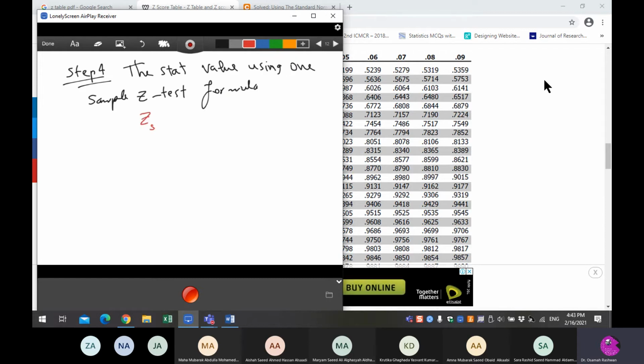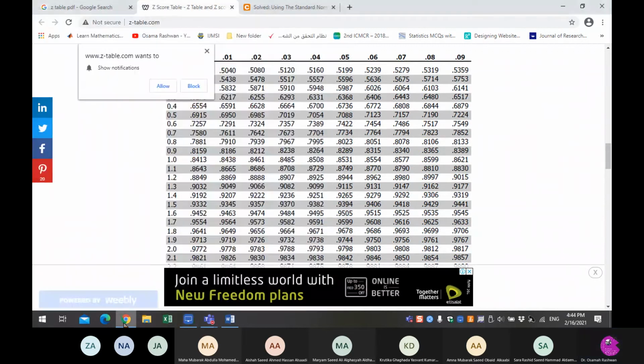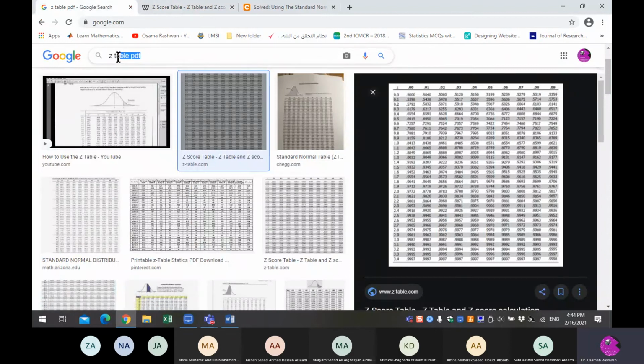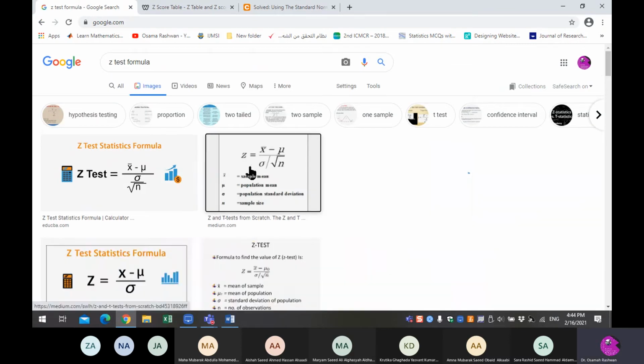Z stat equals x bar minus mu naught over sigma. Is it okay? If I'm not sure, I just go to Google and search for the one-sample Z test formula. Yes, here it is. This is the sample mean.